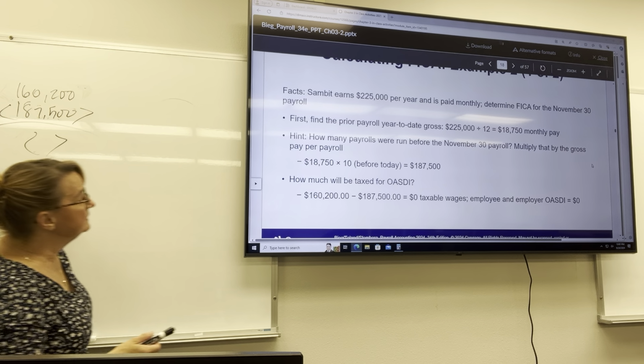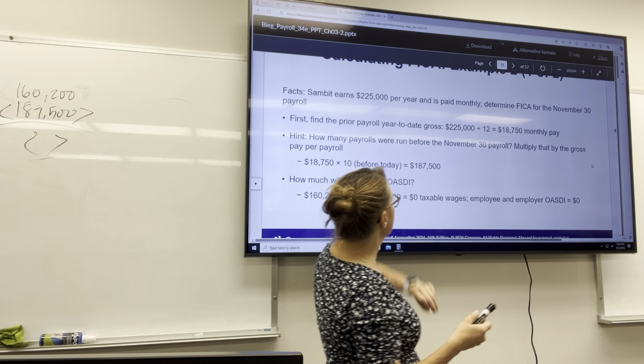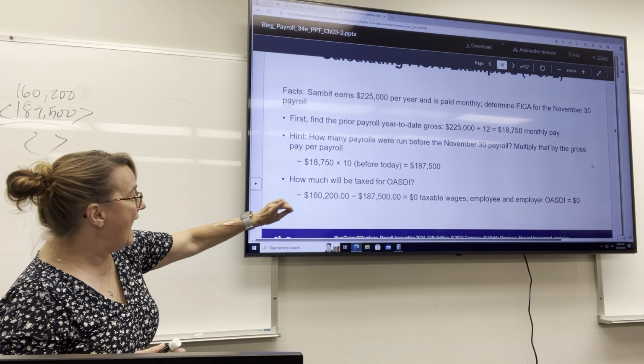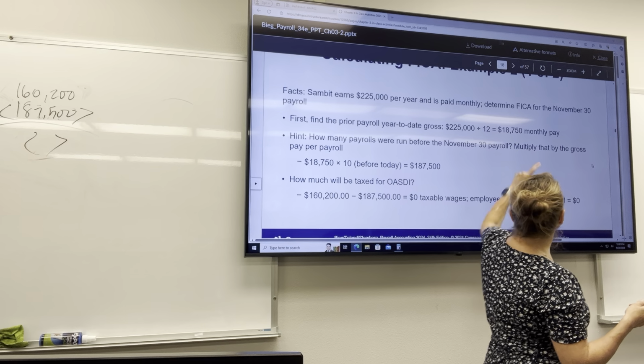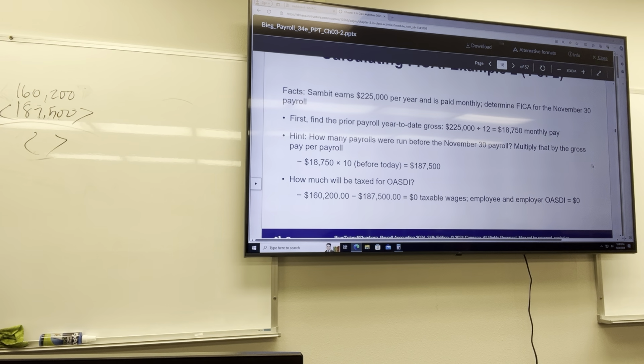During this pay period. Well, have they? No, wait a minute, I'm wrong. Now we have to figure out how much of the current pay, $18,750, is going to be subject to the additional Medicare tax. Because it is during this pay period that they reach that 200,000 threshold, right?